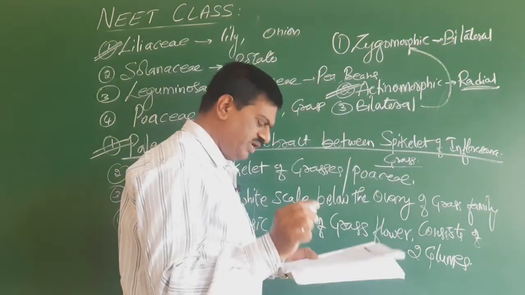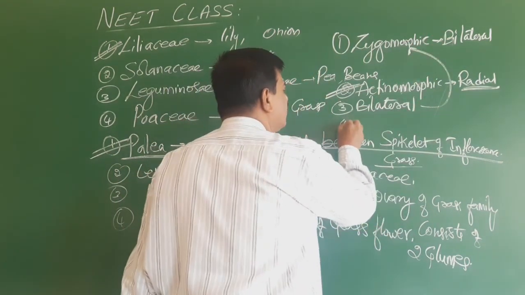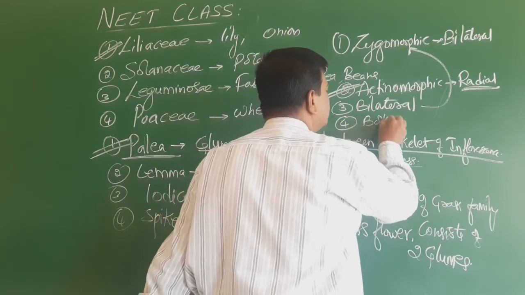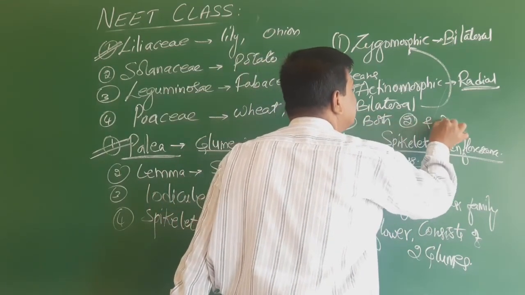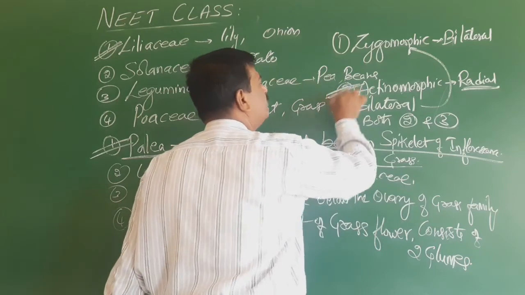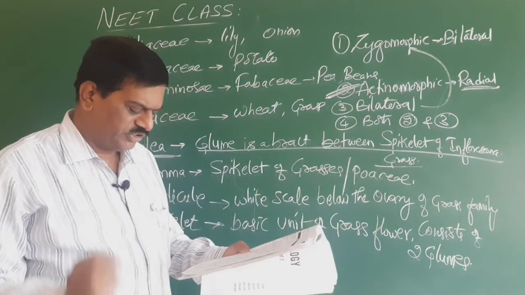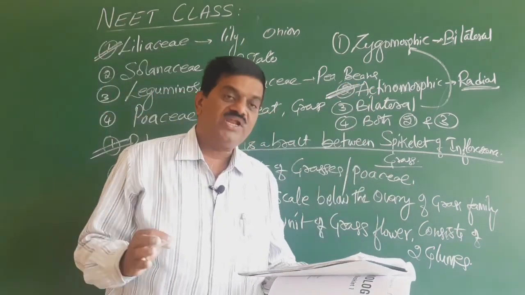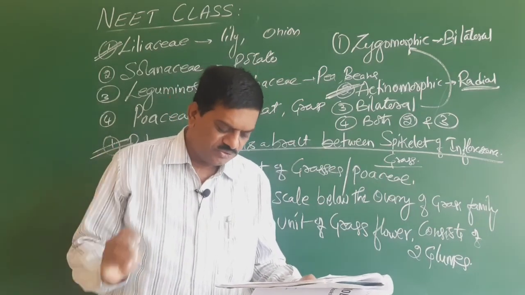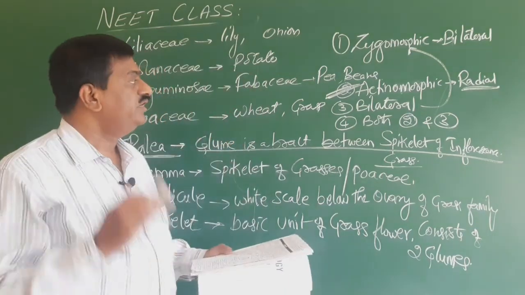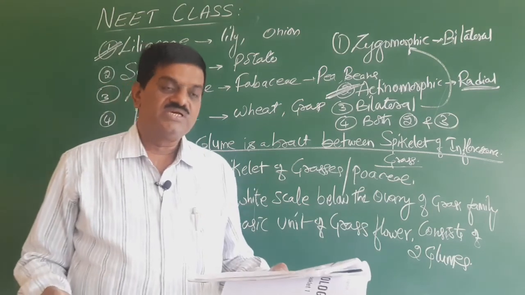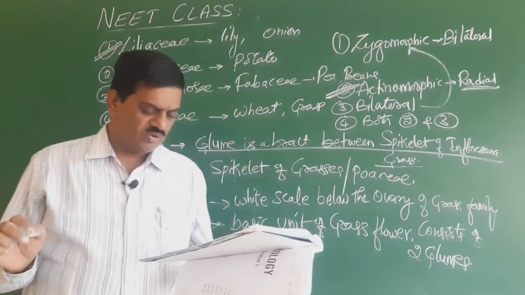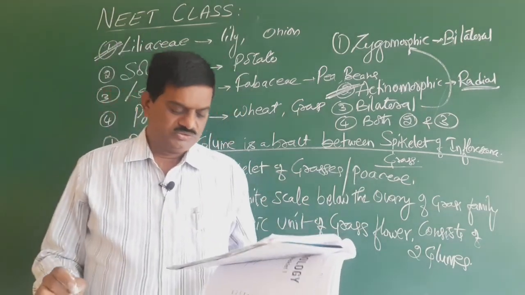This is not the answer. The fourth option is both 2 and 3, but this is not the answer. Here the right answer is actinomorphic. So when a flower can be cut into two equal halves in any plane, it is called actinomorphic. So we have completed 22 questions.